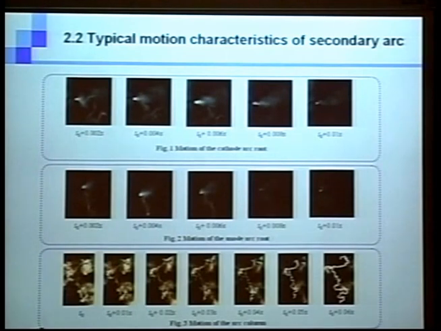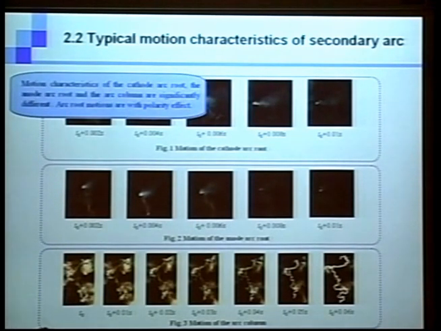Here I will show you some typical motion characteristics of the second arc. The first is the motion of the cathode arc root. This is the overall. The motion characteristics of the cathode arc root, the anode arc root, and the arc column are significantly different.